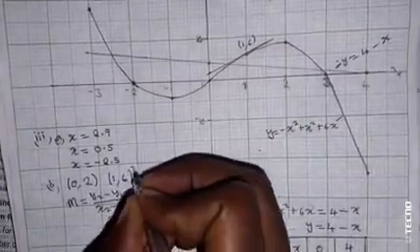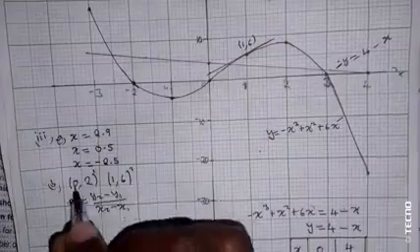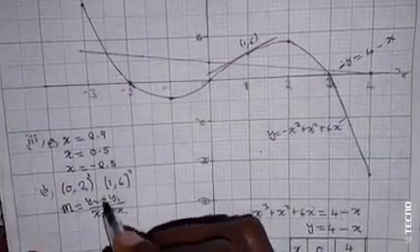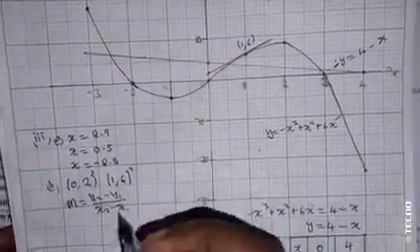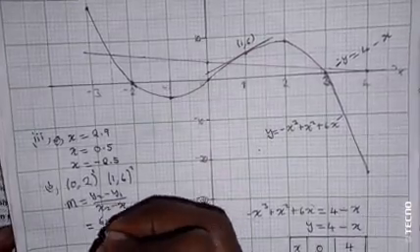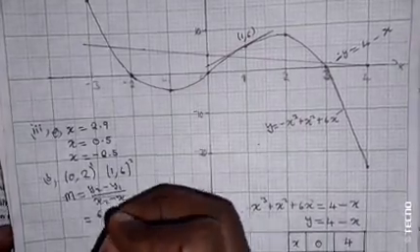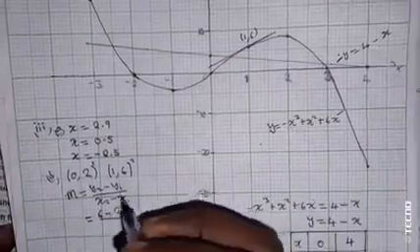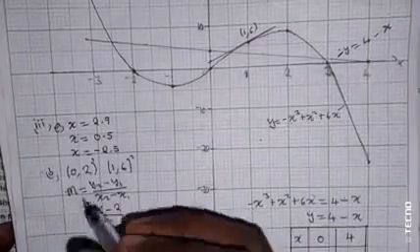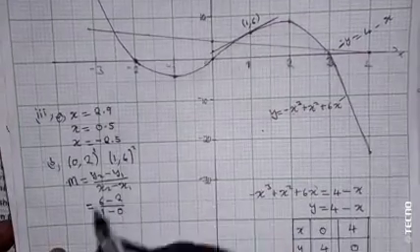So y2 I'll take 6, minus y1, which is 2, over x2, which is 1, minus 0.